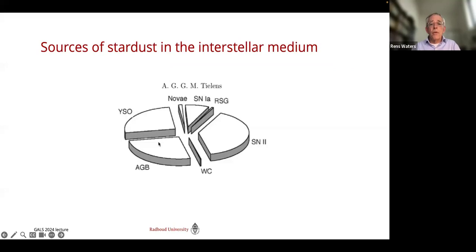In an older review, Xander Tielens came up with this rough division of the different sources of dust to the interstellar medium, where supernovae are a significant, 30% or so part of the total dust contribution. As I said, this really is still not completely sure.